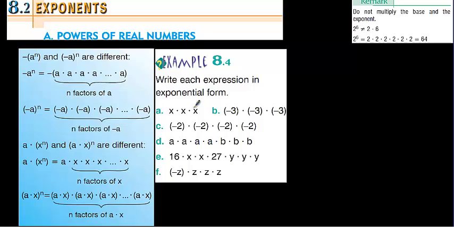X times x times x, we know that it's going to be equal to x to the power of 3. This is for a. For the b1, here I'm going to use a different color, minus 3 times minus 3 times minus 3, which is equal to minus 3 to the power of 3.